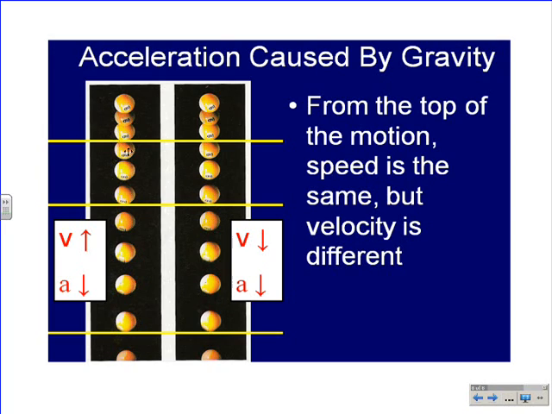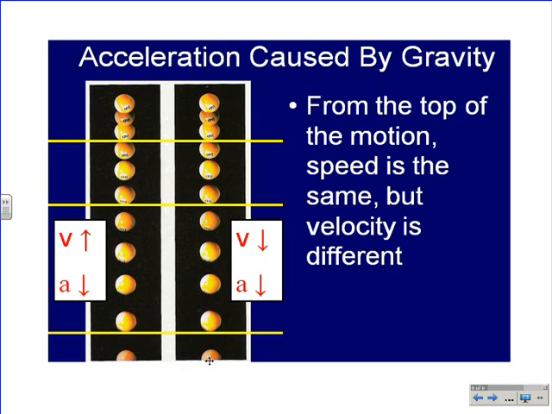How much? Well, every second that goes by, its velocity decreases by 9.81 meters per second. On the down trip, gravity's causing the acceleration, so it's still going to change the velocity by 9.81 meters per second. It's just that on the down trip, it's making it go faster by 9.81 meters per second.